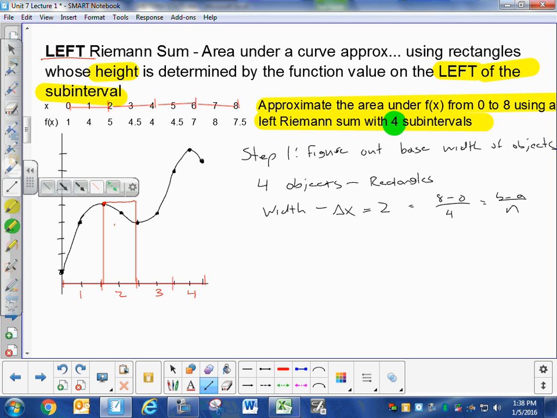Okay? Now, you guys sketch the other 3 rectangles, 1, 3, and 4. All you need to do is look at your subinterval. Since it's a left Riemann sum, you will go all the way to the left of your base, and then you'll go up to its height above that. So here is number 1.